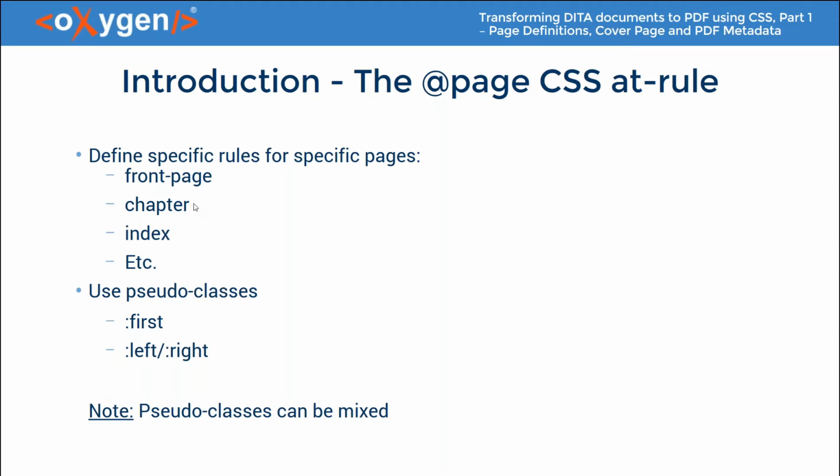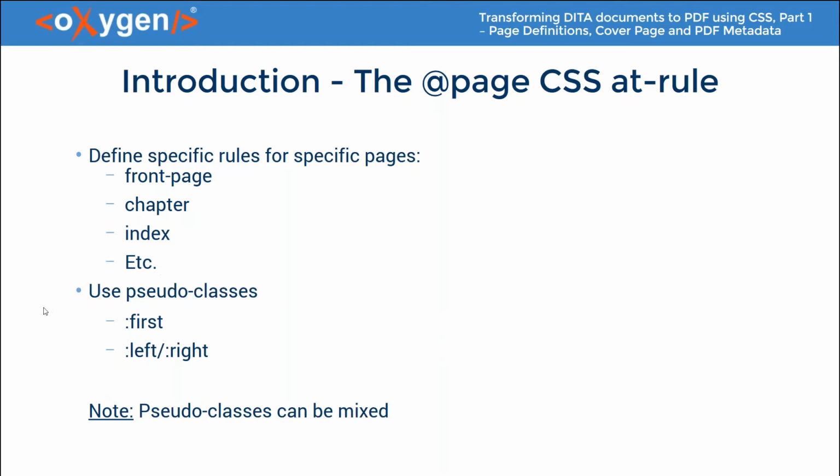That is the page you are entering when you are at the start of a chapter, the one saying chapter 1 with the title of the chapter, for example. You can also define one specific page for the indexes. For example, if you want a 2-column display for your indexes, or you want a specific page size, or you want different margins, etc.